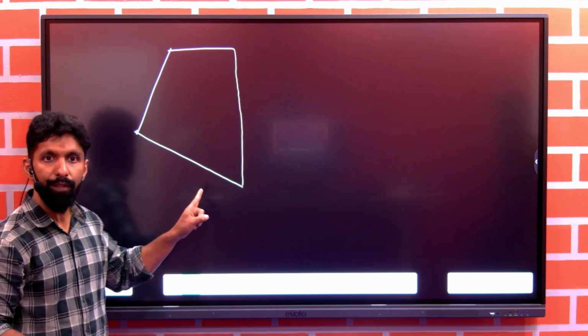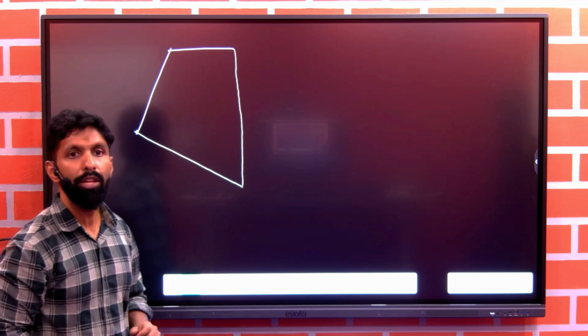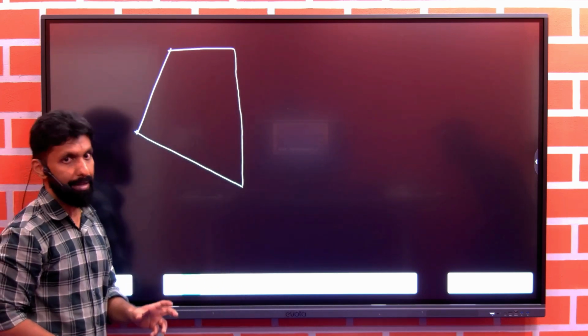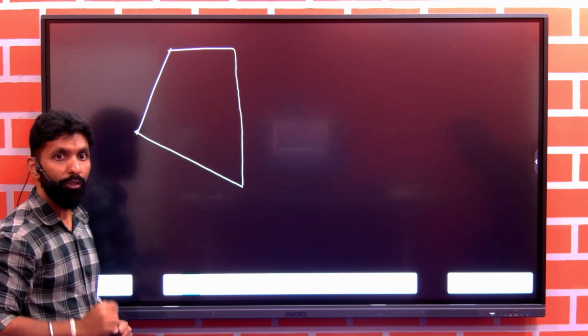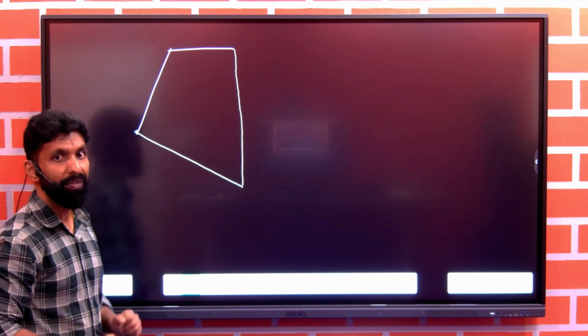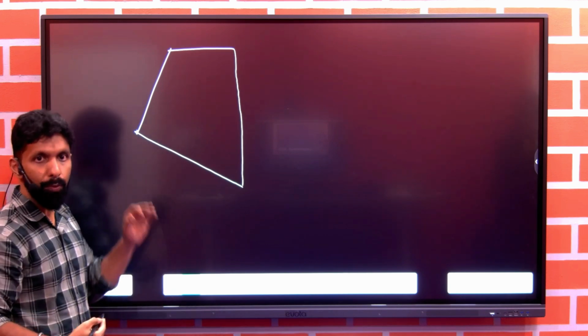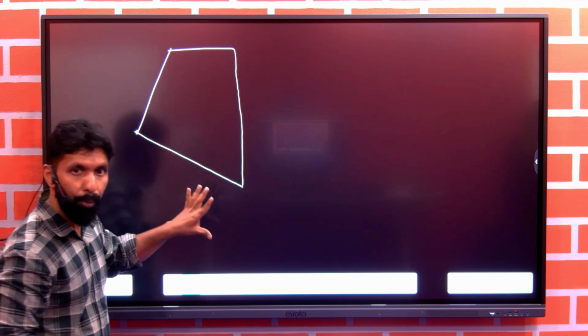It's a four-sided figure, so the specific name of this polygon is a quadrilateral. If number of sides is 4, we know number of angles is also 4. We are going to frame a few formulas with respect to this. Now, this is not a regular polygon. This is just a polygon.